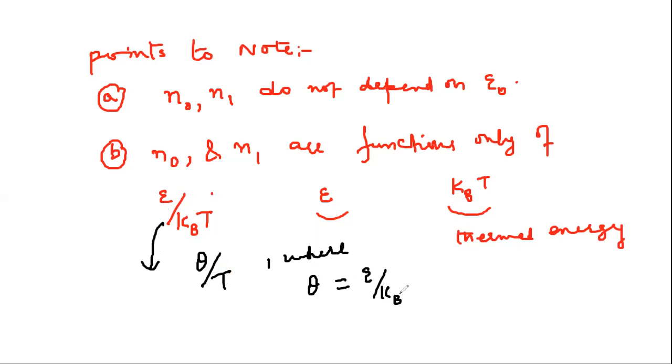Epsilon by Kb has units of temperature. This theta is called characteristic temperature.